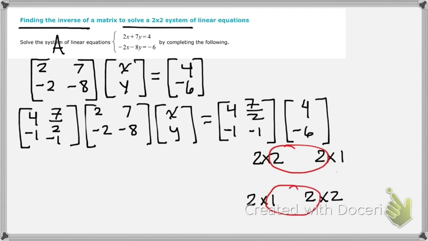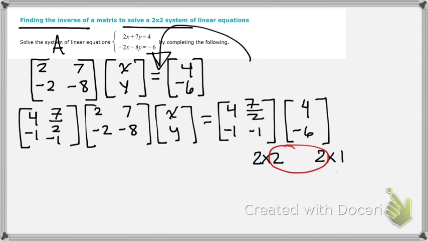I wouldn't be able to multiply them. So we definitely want to insert the inverse matrix in front of that matrix, and then we can multiply them.